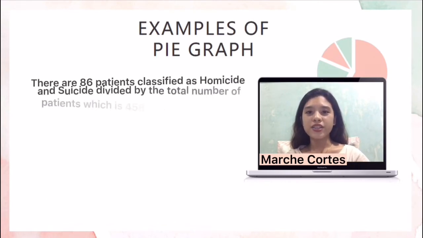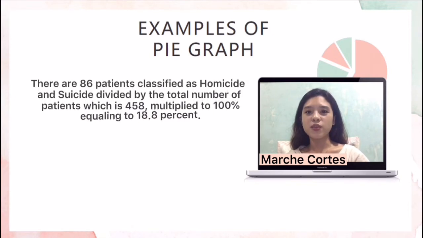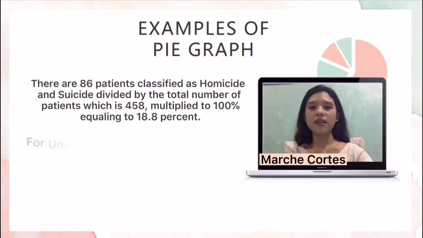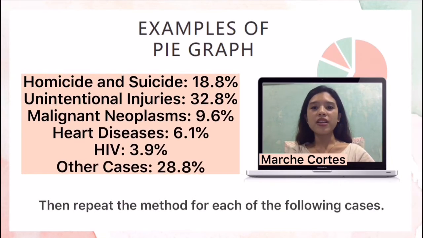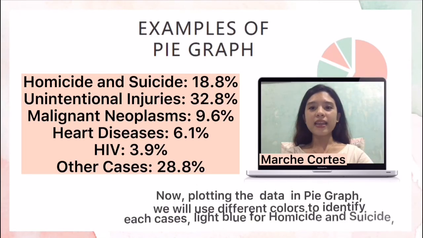There are 86 patients classified as homicide and suicide, divided by the total number of patients, which is 458, multiplied by 100%, equaling 18.8%. For unintentional injuries, 150 patients divided by 458 multiplied by 100% equals 32.8%. Then repeat the method for each of the following cases. Now, plotting the data in the pie graph.